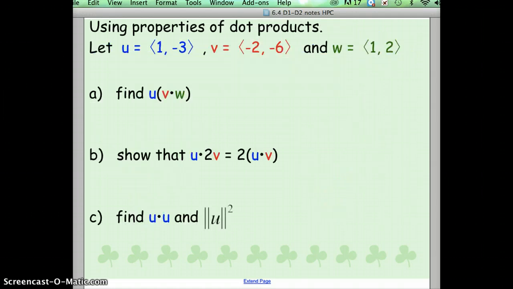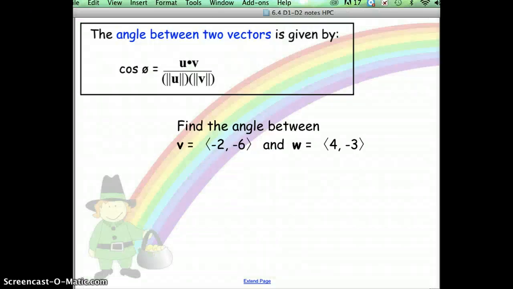Now we can use the dot product for things. Actually, we'll just skip to that page. You can use the dot product to help you find the angle between two vectors. This is your formula for the angle between two vectors. The formula says cosine of the angle equals the dot product of the two vectors divided by each vector's magnitude multiplied together.